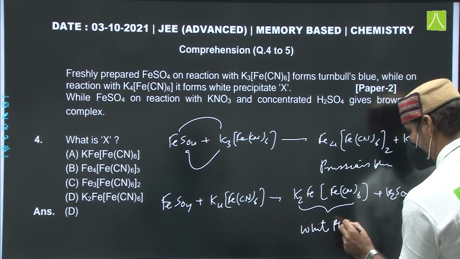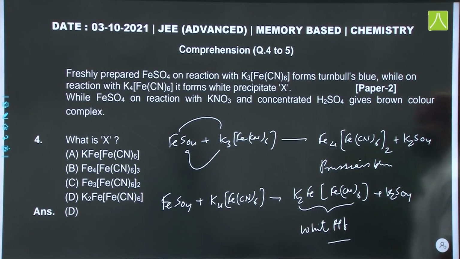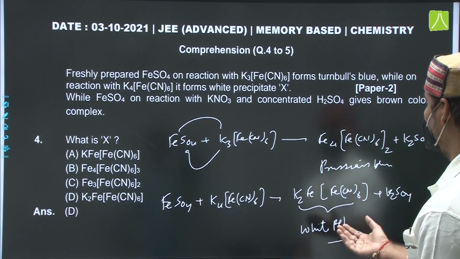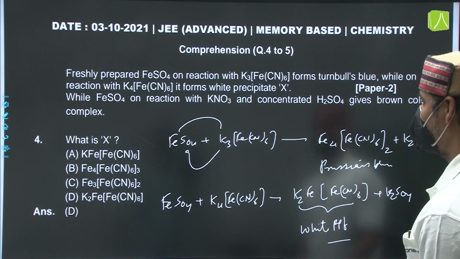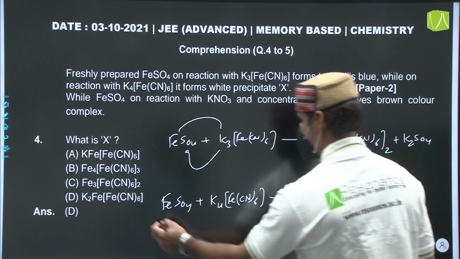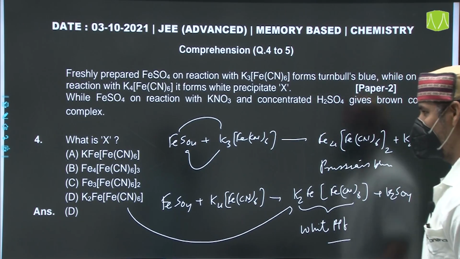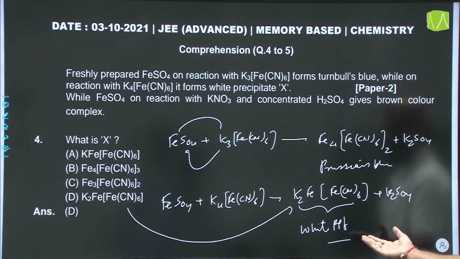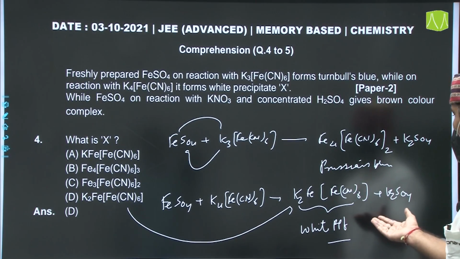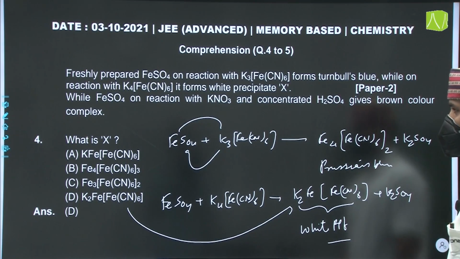So they asked what is X, so we can relate this option with the answer K2Fe[Fe(CN)6]. Let's come to the next question.